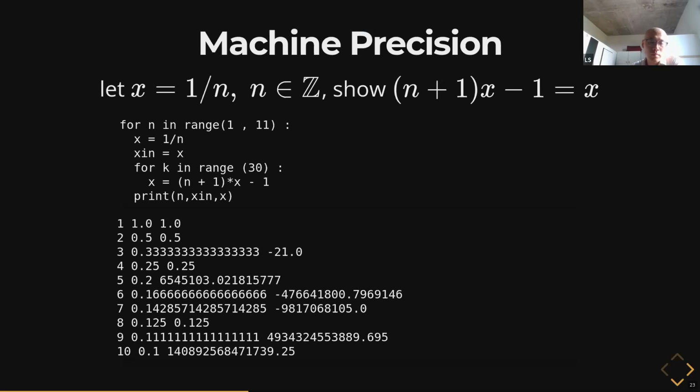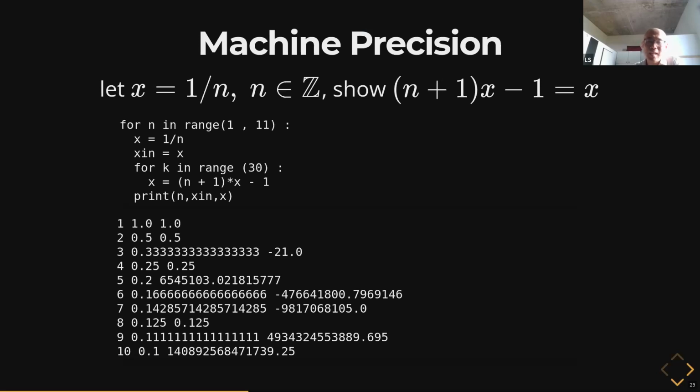The first column is just the integer n you put in. The second column, x in, is the initial value I took in and kept without touching, without going to the second loop. And the third column is the x after the loop.